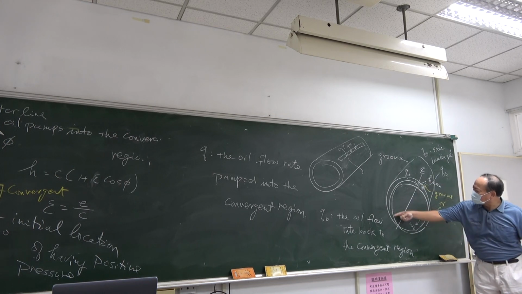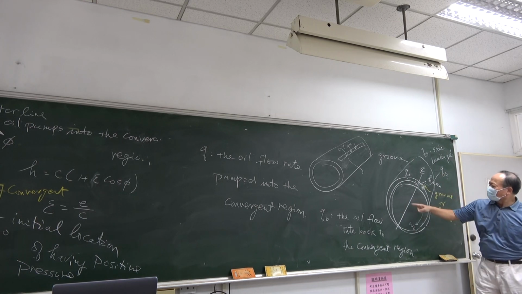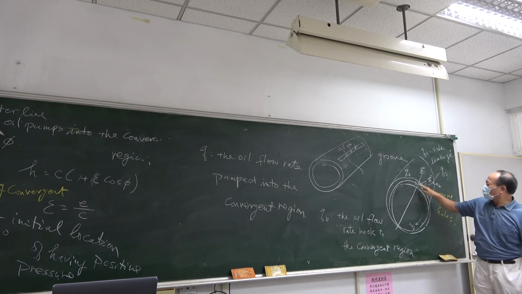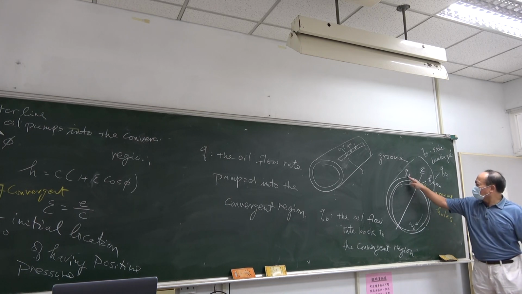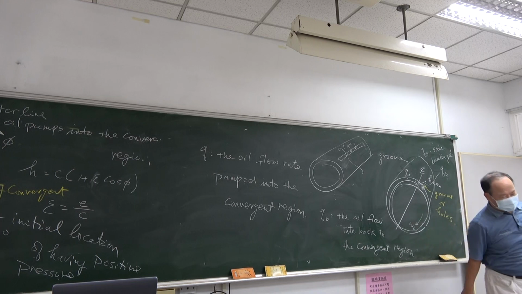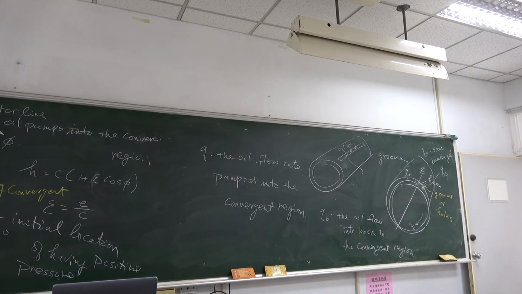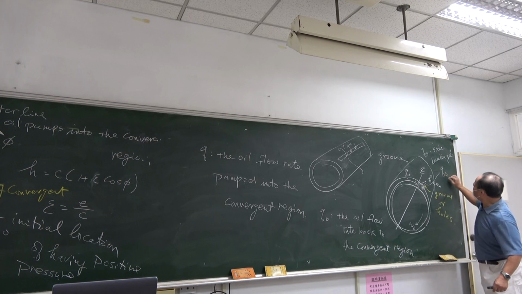And after the leakage at this location, you'll find that the oil flows back to this position. This value we call the QB. Of course, this QB becomes small because there is side leakage. We lose oil quantity from the two sides, so after going back this QB becomes smaller. And then we have to supply the oil. We call it the QS.